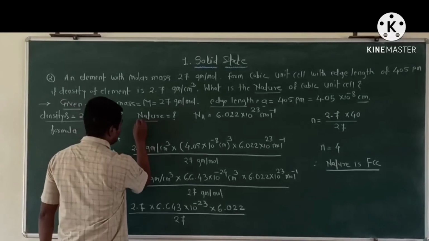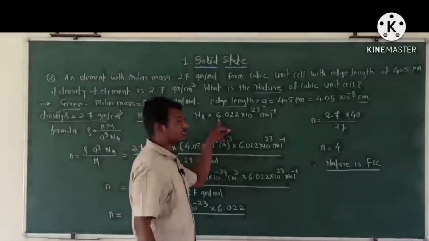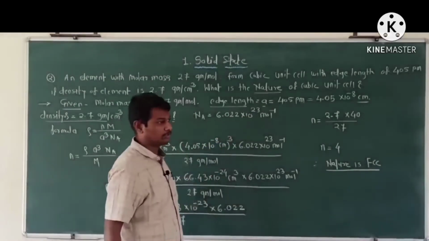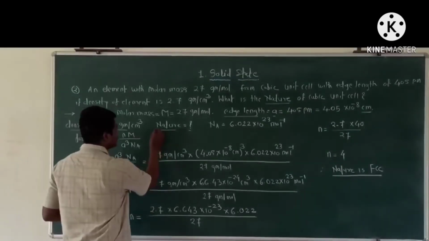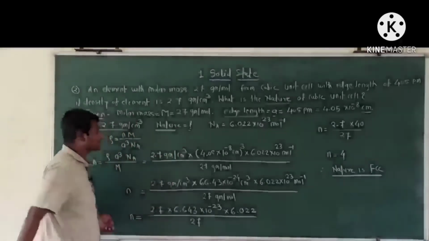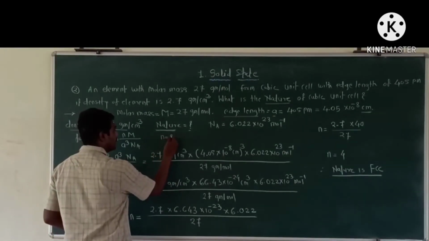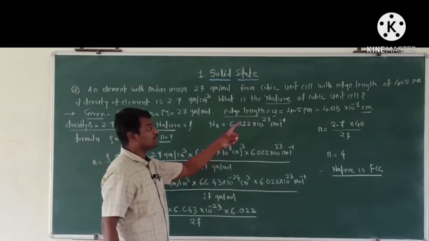Nature is the question, and Avogadro's number, that is Na, is 6.022 into 10 raised to 23 per mole. Okay, now in this numerical you have to find the nature. For that purpose you have to determine n, and from n you have to determine the nature of the cubic unit cell.